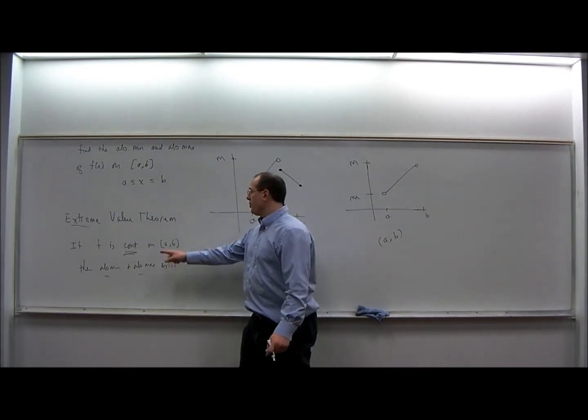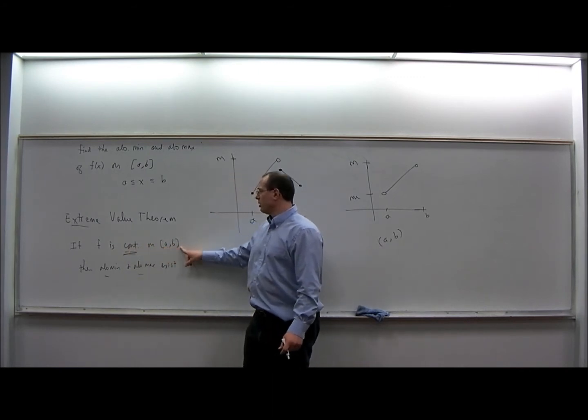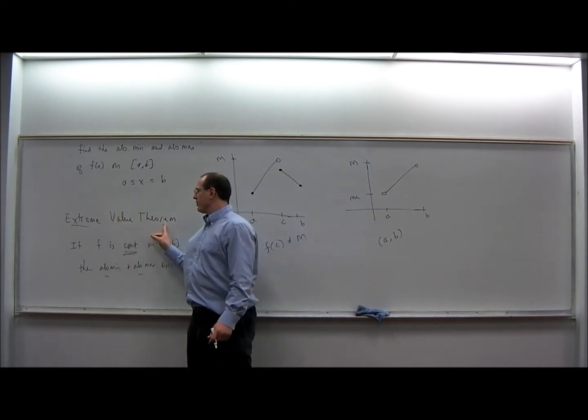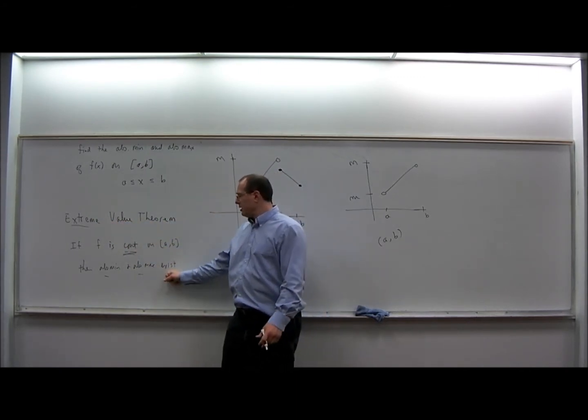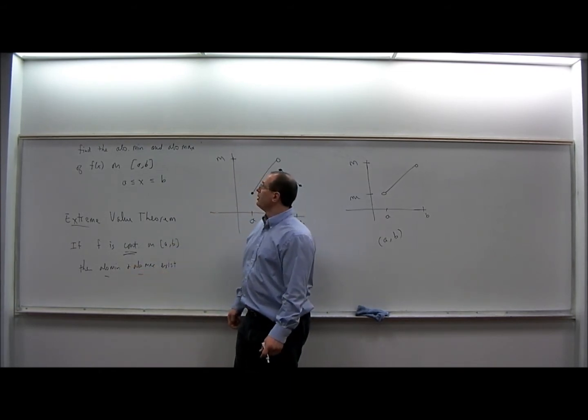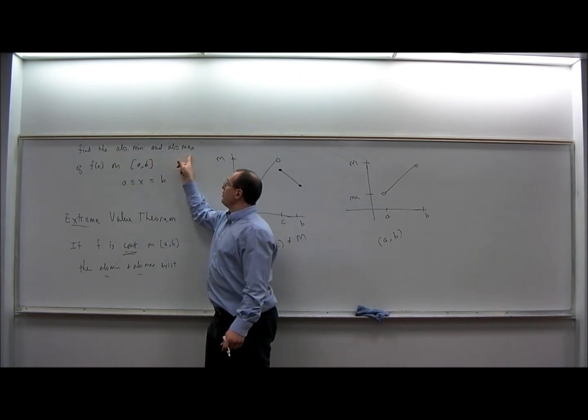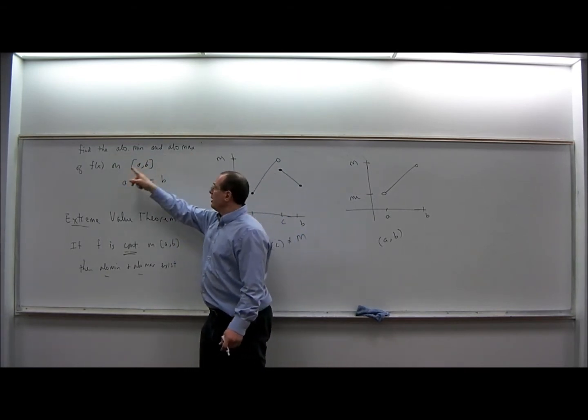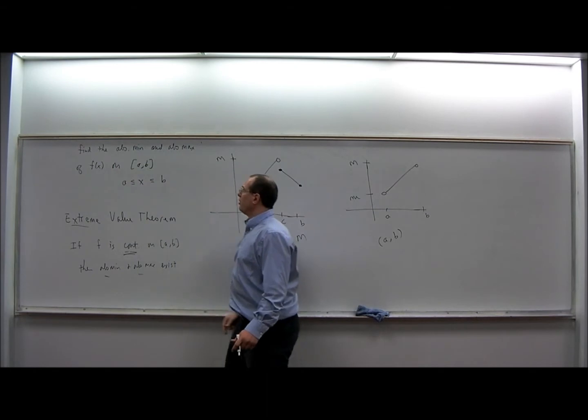So if you have a continuous function on a closed interval, then the extreme value theorem says you're guaranteed that the absolute min and the absolute max exist. So our problem is going to be to find those things for a continuous function on a closed interval.